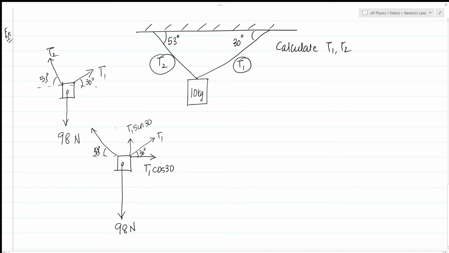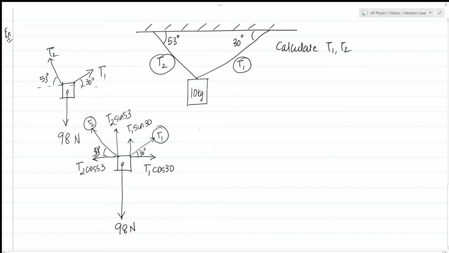So my vertical component of T2 would be T2 sine 53, and my horizontal component would be T2 cosine 53. Once you have this picture, we can basically ignore T1 and T2 and simply deal with all the components in the form that we have.